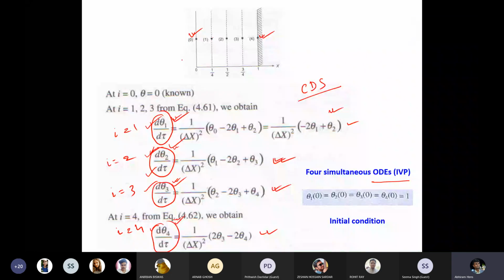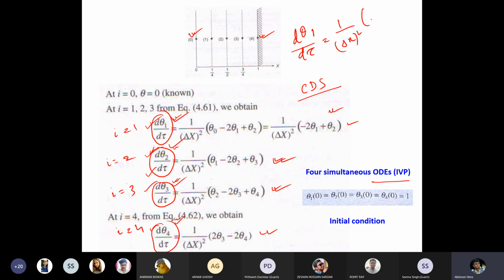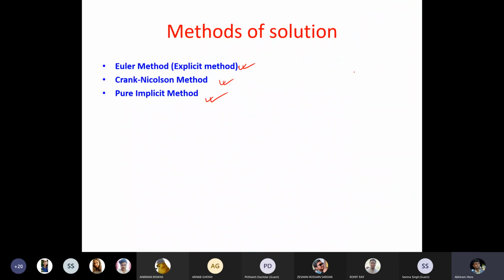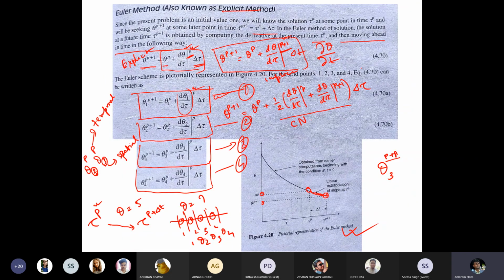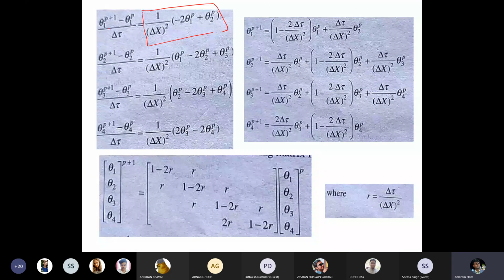So actually the whole equation is being derived. Equation 1 is d theta 1 by d tau, and we have discretized it in this way, 1 by delta x square into minus 2 theta 1 plus theta 2, right? This is my equation number 1. Now I am writing this left hand side also using the Euler scheme, theta 1 at p plus 1 minus theta 1 at p by delta t. So this is my equation number 1, fully discretized.